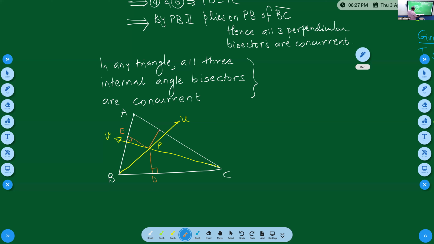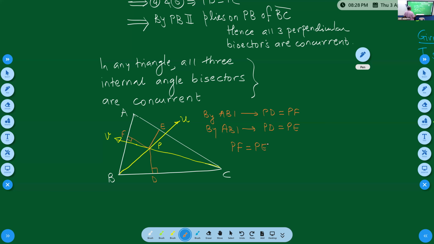Normally, this is called E and this is called F. Right? So, by AB1, we get PD is equal to PF. Again, by AB1, we get PD is equal to PE. And therefore, these two statements imply PF is equal to PE.